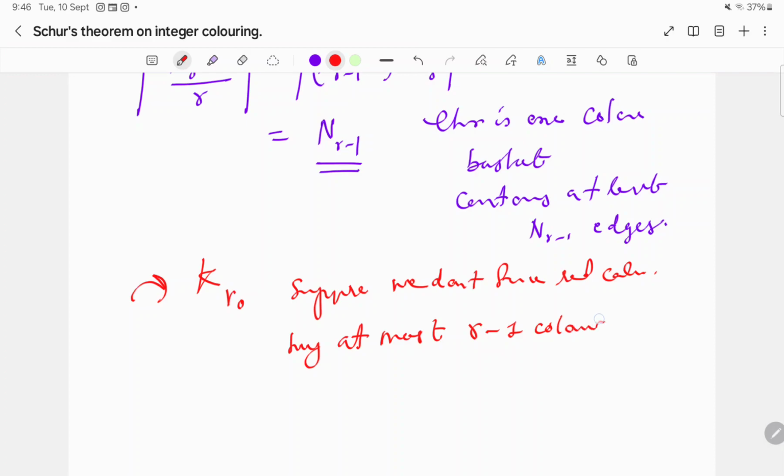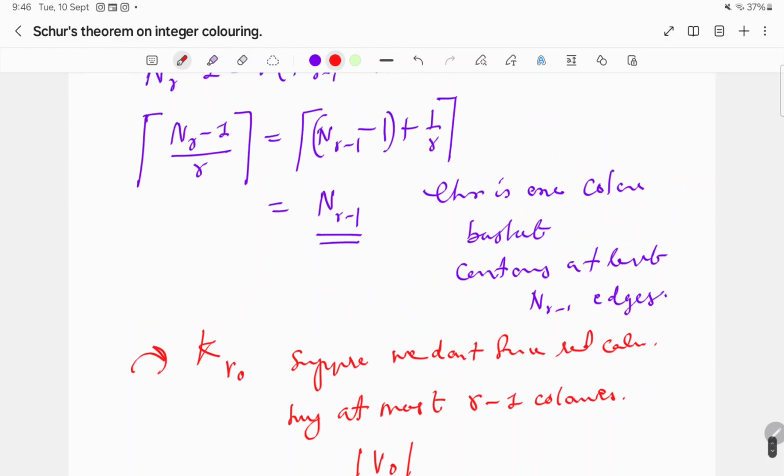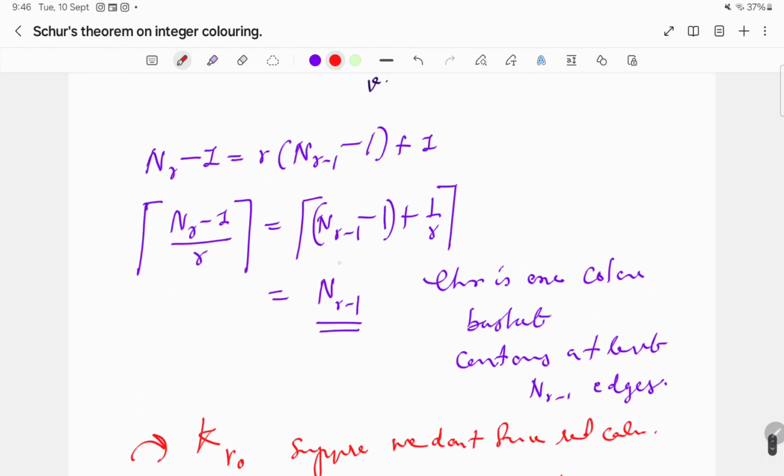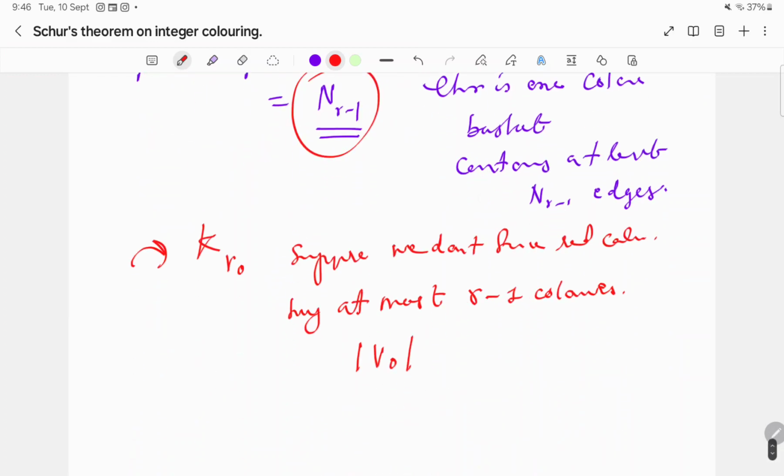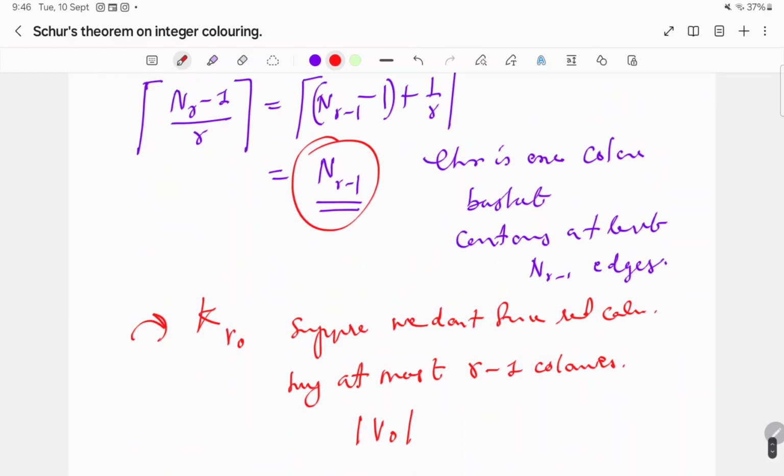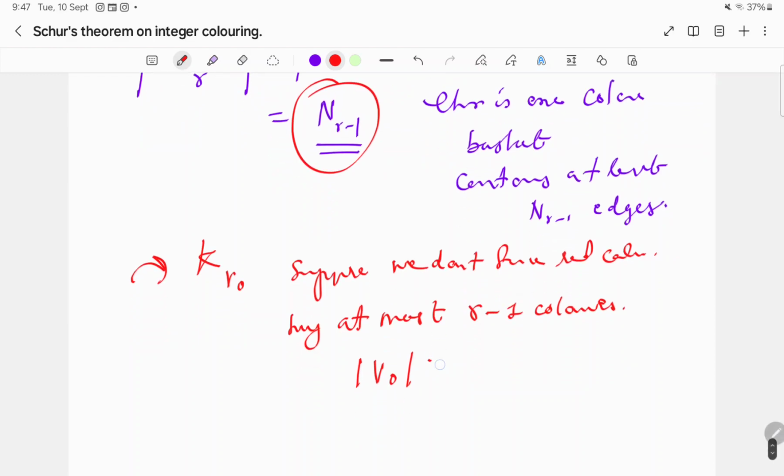Why? Because red is not there. Previously it is at most R, but now I can say it is at most R minus 1. But look at the cardinality of V0. We just said that it is at least N_{R-1} plus 1. That many edges are there, so that corresponds to that many vertices.